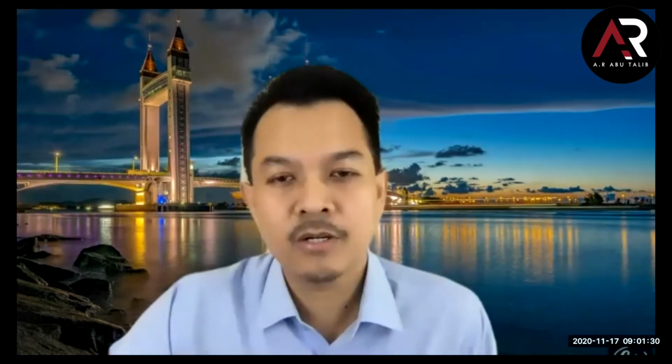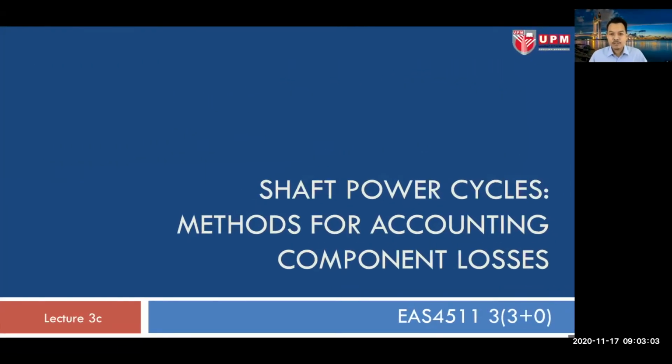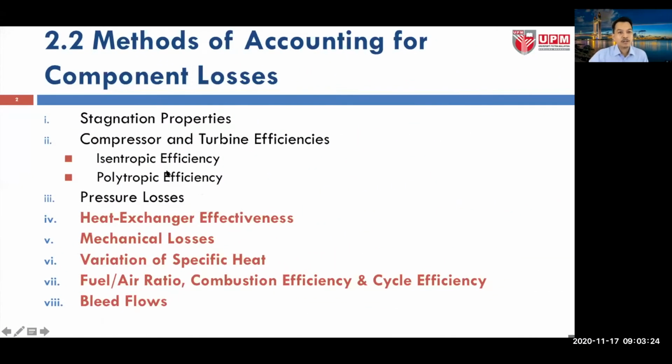For today, we are going to continue the lecture on shaft power cycle. There are a few sub-topics that we need to cover. We are still in the topic of shaft power cycles, and we will look into the methods for accounting component losses. We have gone through the last 2 weeks on stagnation properties, compressor and turbine efficiencies, isentropic efficiency, polytropic efficiency, and pressure losses.